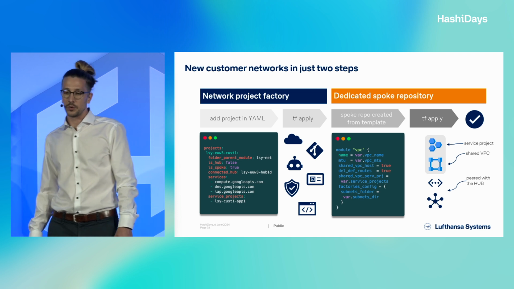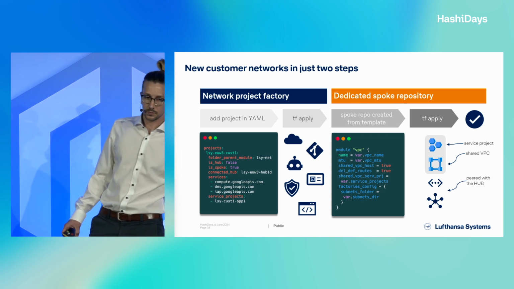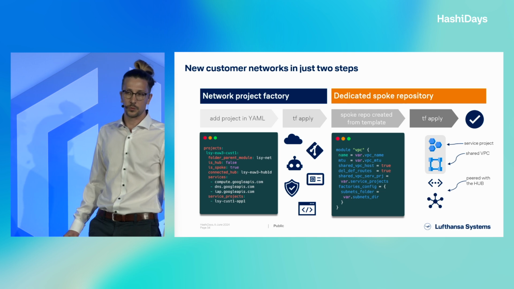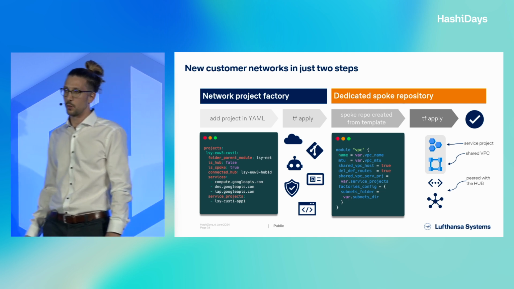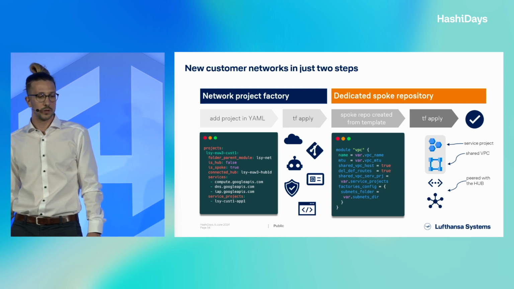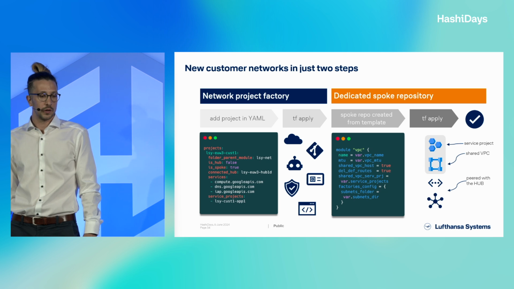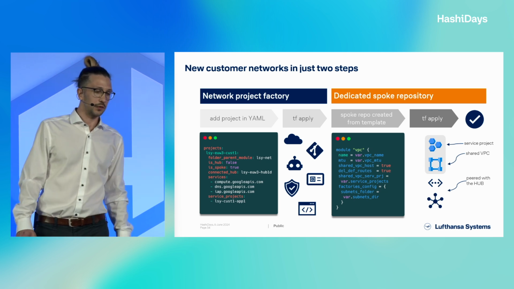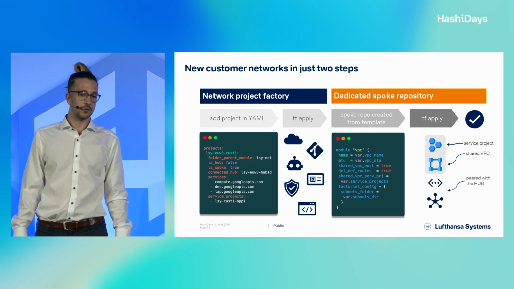Let's look at how we onboard the customer. We have a network project factory repo where we can add a few lines of YAML to define a new project that will host the shared VPC for a customer. We can define to which hub it is attached. We can define the service projects.